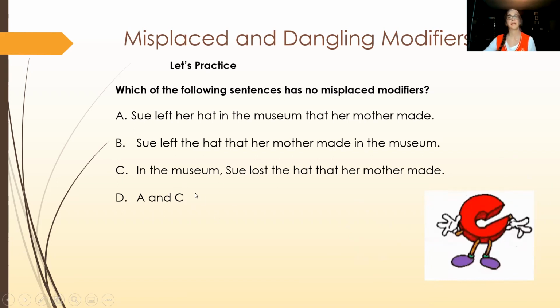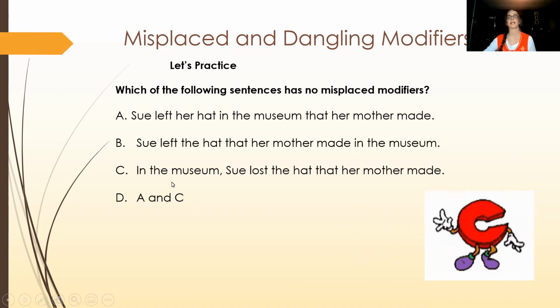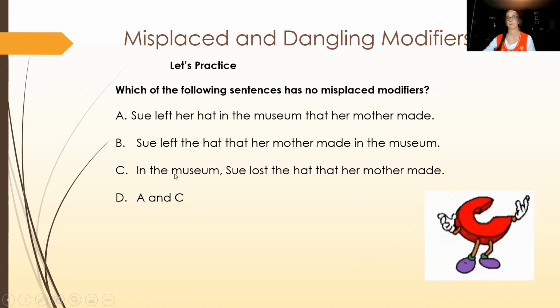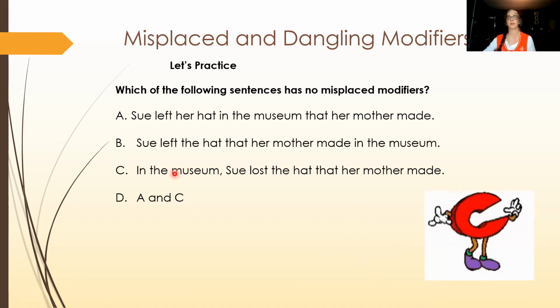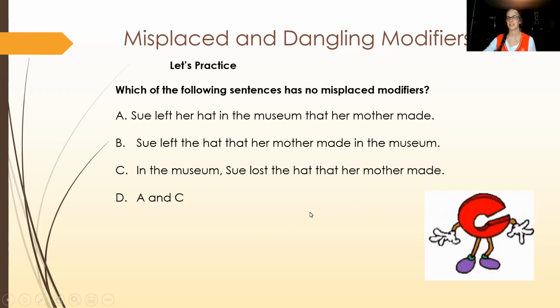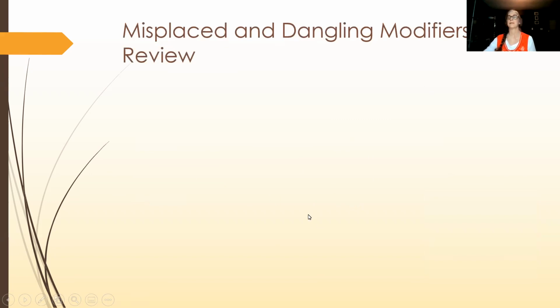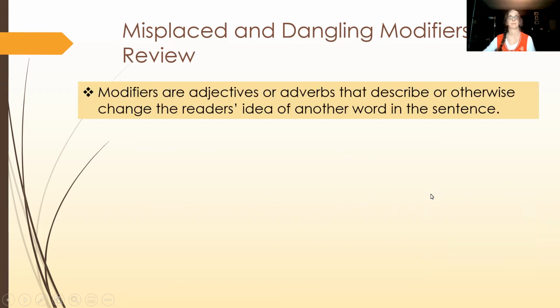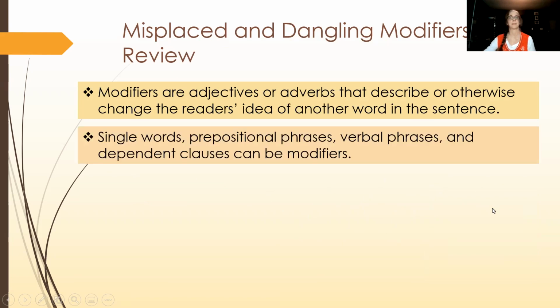Those of you viewing this can always go back and watch it again, and you can pause on areas that are a little bit confusing. You can also pause the video before the dancing letters show up so you can try to get the answers correct. Okay, so let's do a quick review. Those are all of our phrases and clauses that function as modifiers. Modifiers are adjectives or adverbs that describe or otherwise change the reader's idea of another word in the sentence.